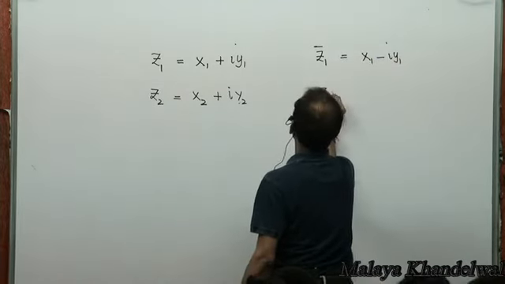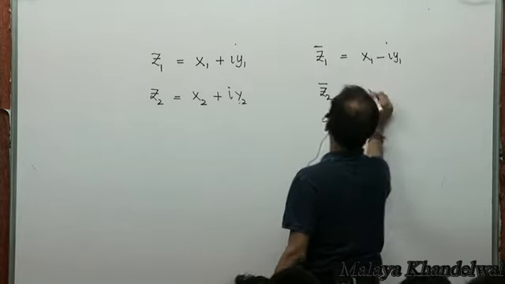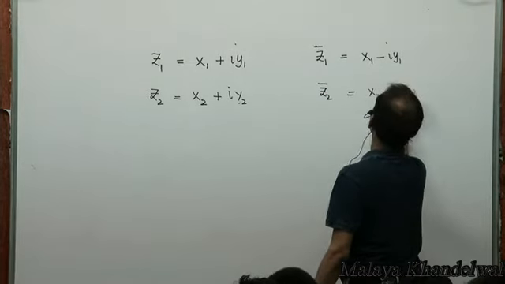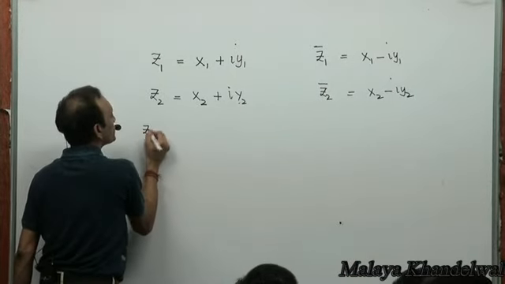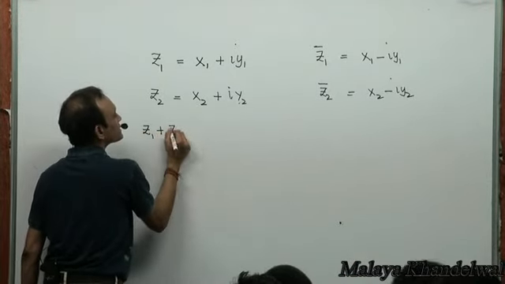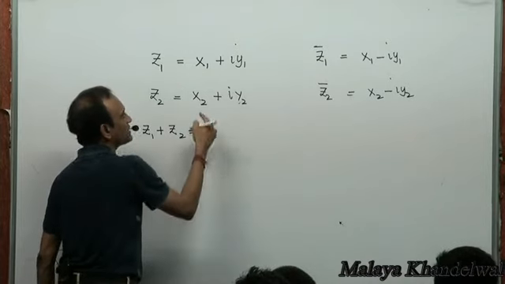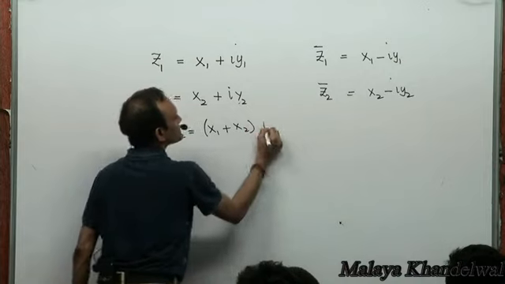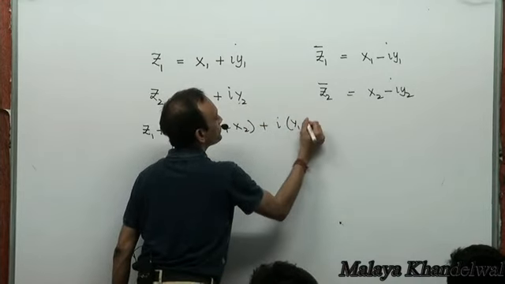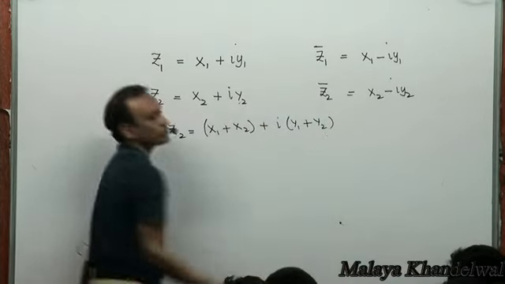What is z2 bar? x2 minus iy2, right? Now let me look at what z1 plus z2 is. z1 plus z2 is, if I add these two, it's going to be x1 plus x2 plus i times y1 plus y2. Yes or no?